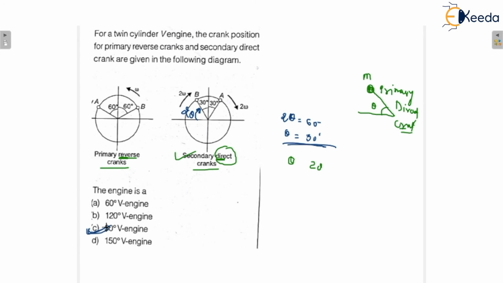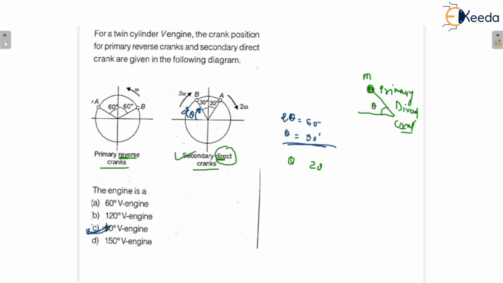In this type of question, it is important that you remember all the four conditions. What is the difference among these four situations: primary direct, primary reverse, secondary direct, and secondary reverse? If you are able to recognize the difference between all these four conditions, then you will be able to find the correct answer. Otherwise, in these type of questions, the options are very close to each other.